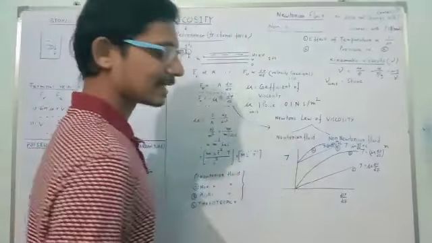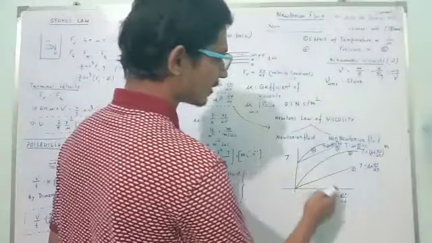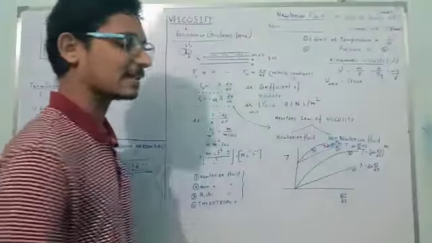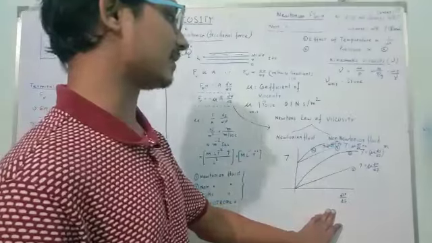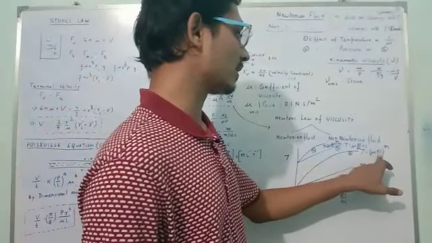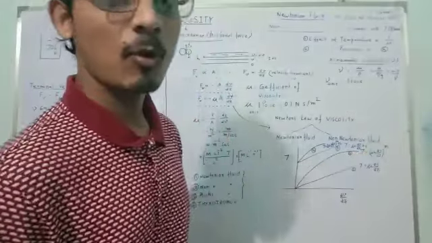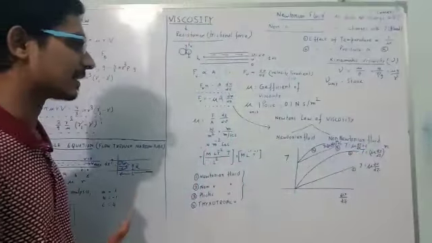Whereas in some other cases, the tensile stress tau does not vary linearly with dv by dz. In those cases, tau is equal to mu times dv by dz whole to the power m, where m is greater than 1.